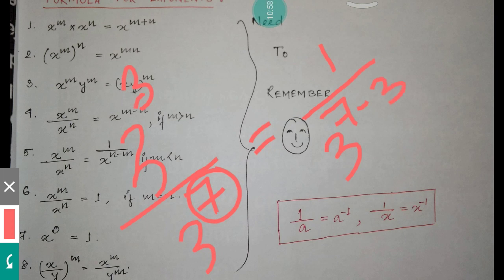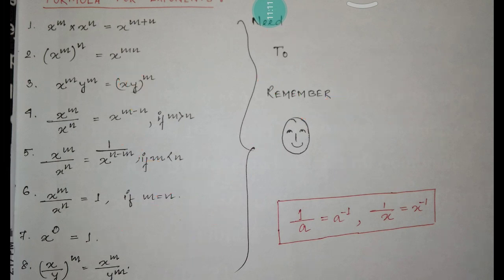Suppose instead of 3 it is given 8, then what will we do? We will cut this one and write 3 power 8 minus 7. Since the numerator power is less than the denominator power, it will come in the denominator. That means it will be 1 by x power n minus m.